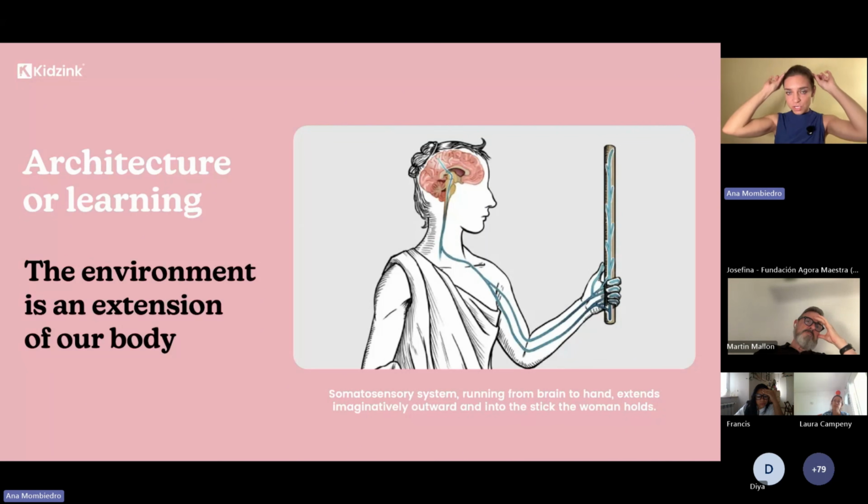We've got our somatosensory cortex here in our brains, and this somatosensory cortex changes slightly when we use tools, because the body adapts to the environment, okay? And that's the way our environment and our body are connected. When we understand this, the meaning of classroom changes completely because of the elements we've got around, okay?